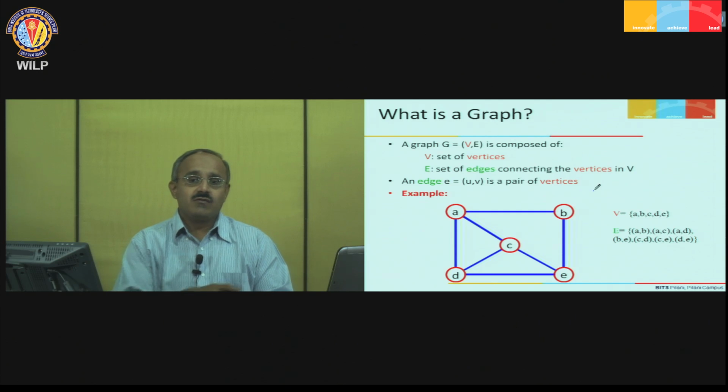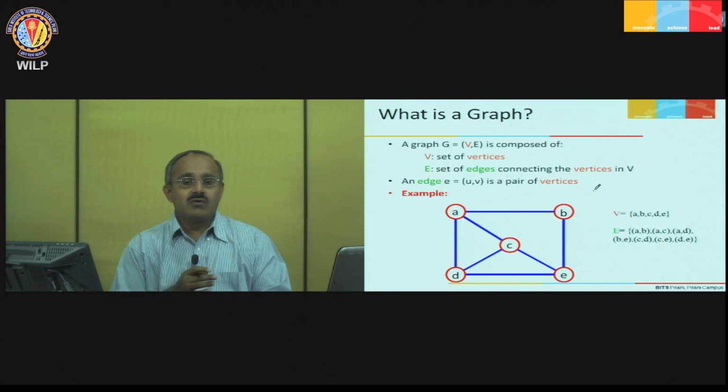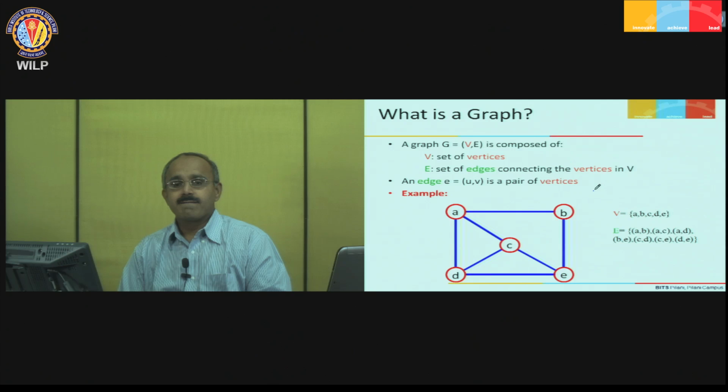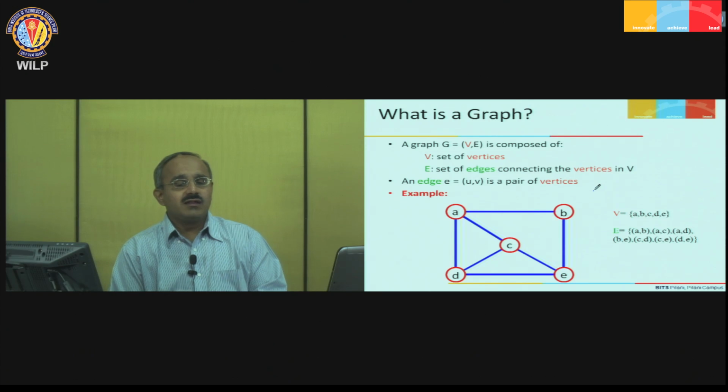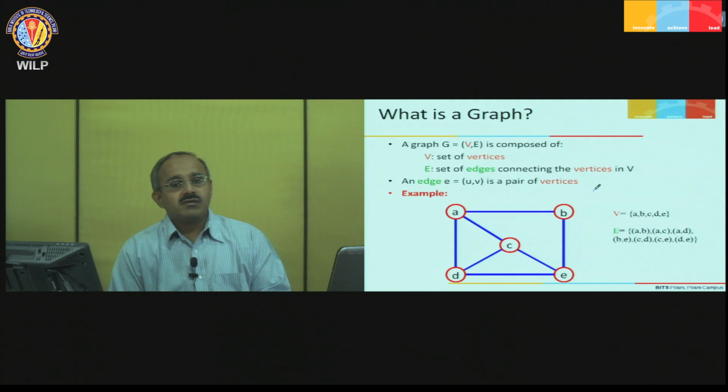If A, B, C, D, E happen to be 5 students in a class, we will say A is related to B if they have a course in common. So, set E can represent real life relationships between individuals, or we will see it can be used to model a lot of real life applications.